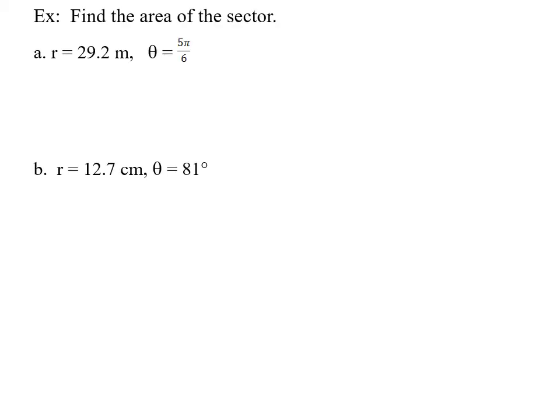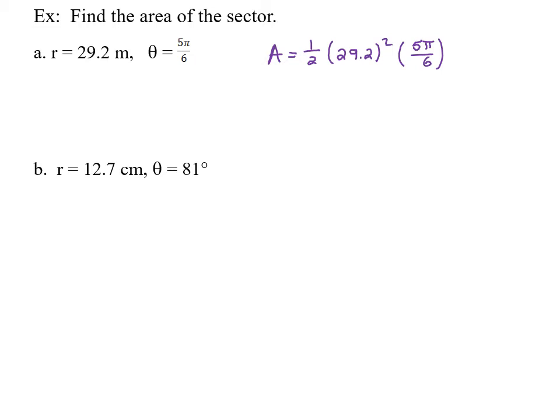Okay, doing it without the pictures, we're going to type most of this in the calculator. Find the area of the sector where you have 29.2 meters for the radius and the angle is 5 pi over 6. It's just 1/2 times the radius squared times the angle. Just be real careful on typing this in the calculator.